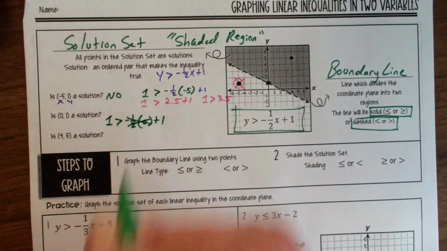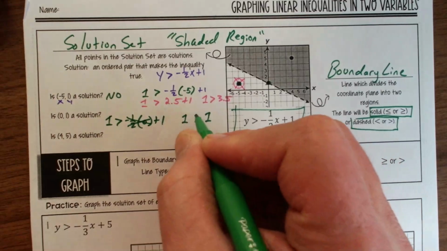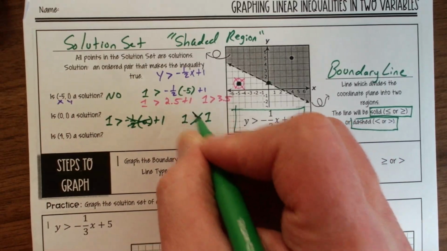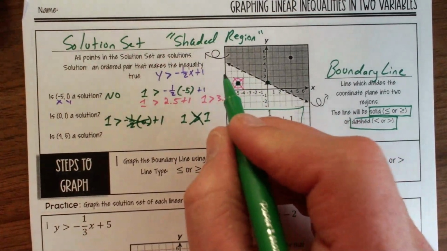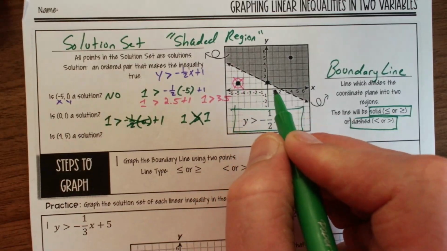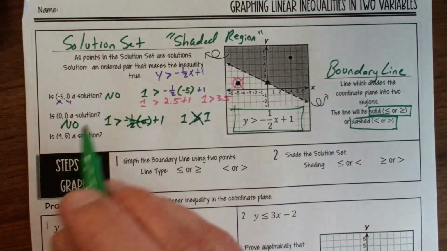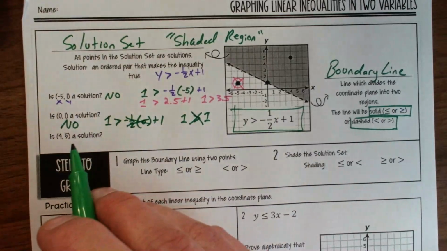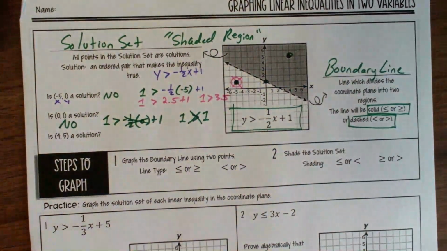Anything times 0 just goes away, and I'm left with 1 is greater than 1. This is not true. 1 is equal to 1. It is not greater than 1, which is why anything on this dashed line would not be true and not be a solution.